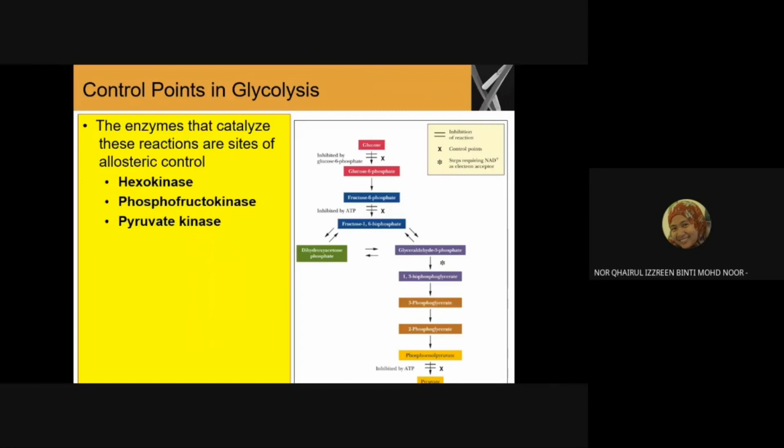But for the second stage of glycolysis, the molecules are basically prepared to give a phosphate group, meaning they want to produce ATP.